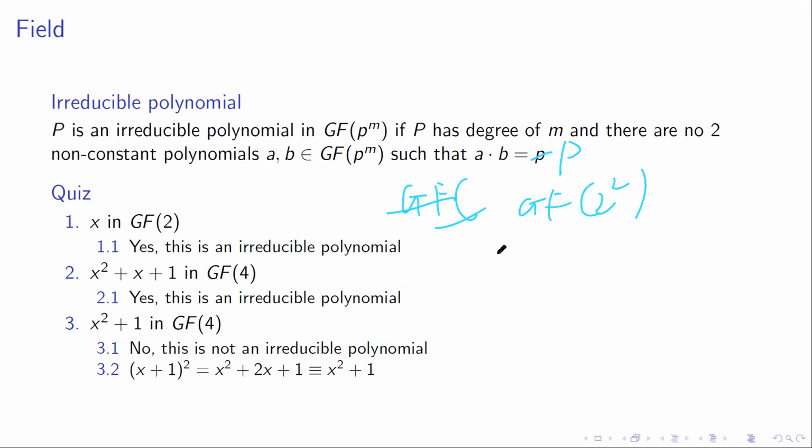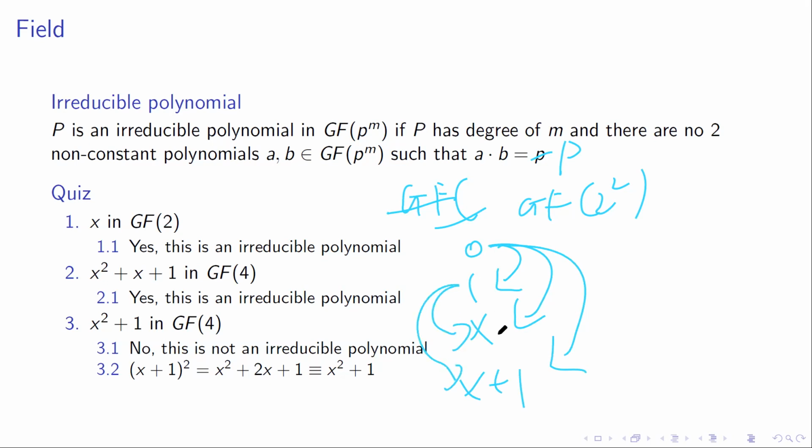I know that 2 to the power of 2 has these elements: 0, 1, x, and x plus 1. So what I can do is multiply 0 with 1, x with this, this with this, and so on, and then I just check.